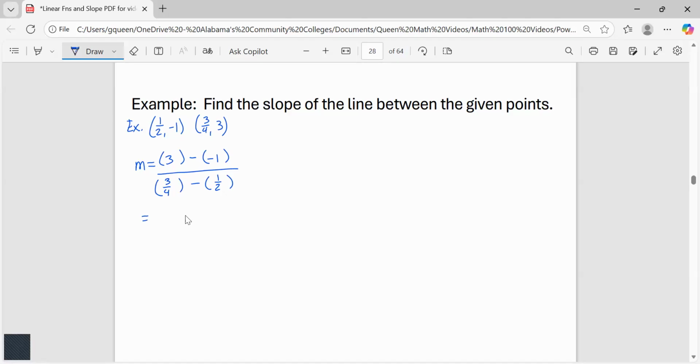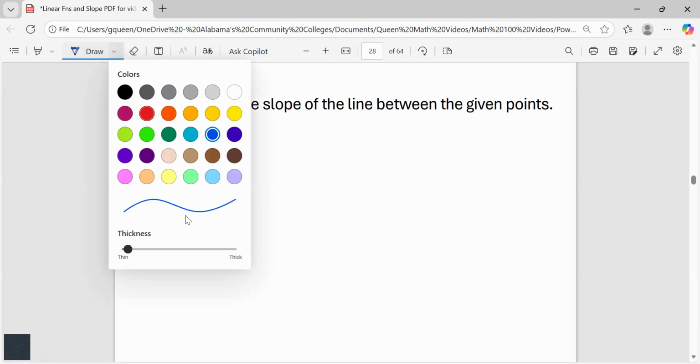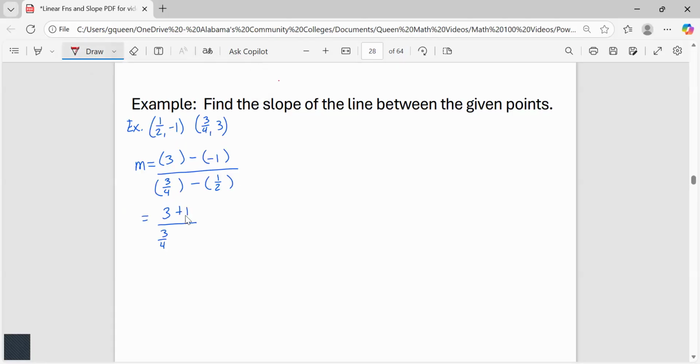So I end up having 3 minus a -1 would be 3 plus 1, over 3/4 minus 1/2. All right, let's help ourselves here. In order to add or subtract fractions, we need a common denominator. So I need to multiply this second fraction by 2/2. That will force this denominator to be a 4, which is what the other denominator is.